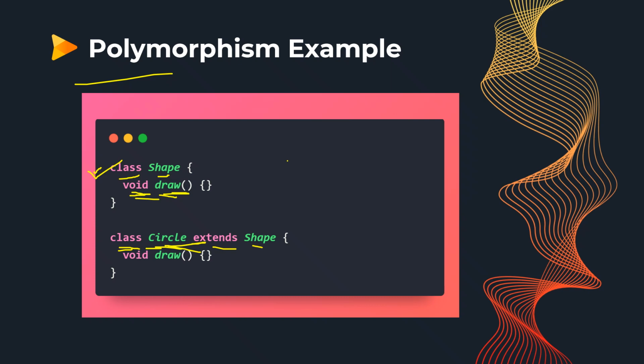Then in that we have declared one more method, and it has the same name as this method. The number of parameters is also the same. There is no parameter here, and no parameter here either. So this is known as overriding.